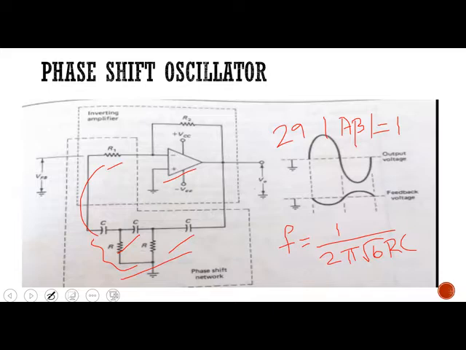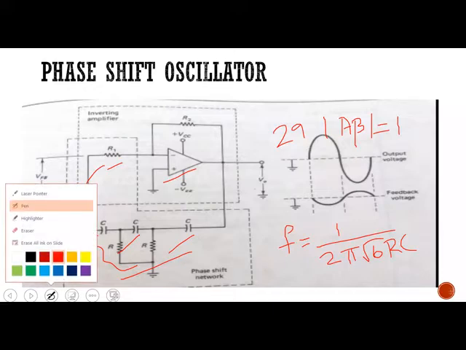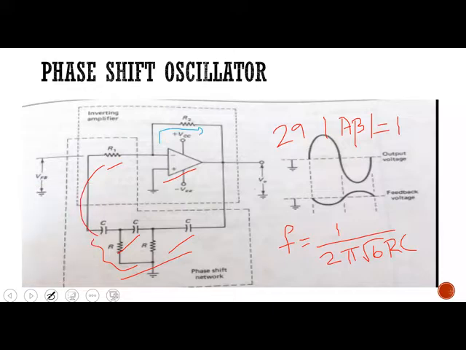Here, for designing the circuit, we will assume that the current flowing through R2 is I1. So I1 is equal to 100 IB max.